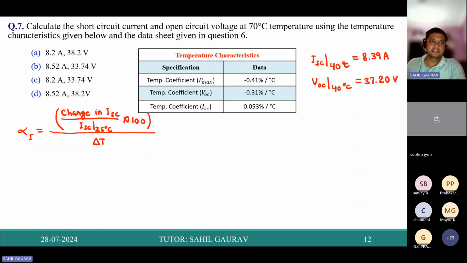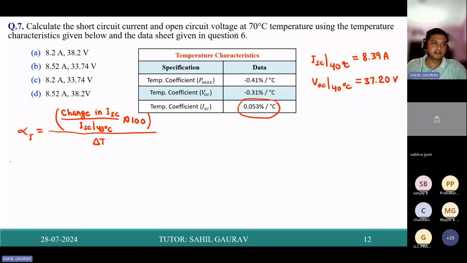Sorry for this mistake. So ISC at 40 degrees Celsius. Now this temperature coefficient for short circuit current is given as 0.053 percent per degree Celsius. This one.